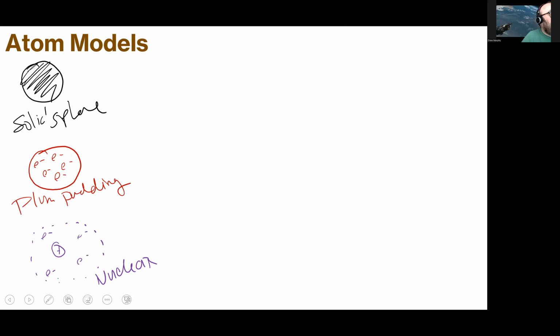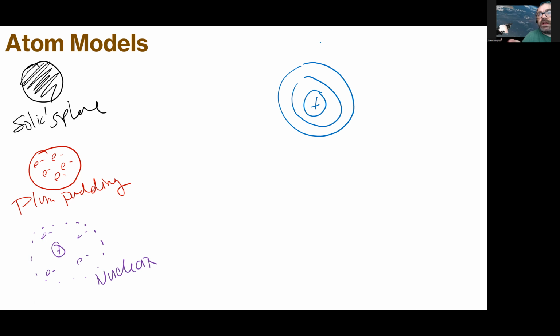Now we're seeking to explain why. These electrons at this point are existing kind of randomly out in this cloud of nothingness, and they want to explain why we only get discrete lines in the line spectrum. So they postulated, because we knew about the solar system, that electrons could be orbiting the nucleus.